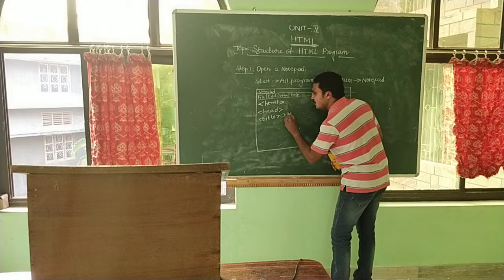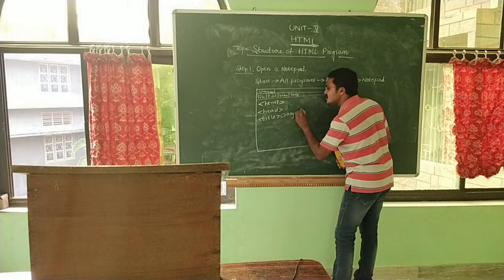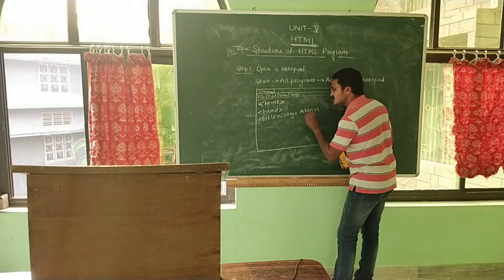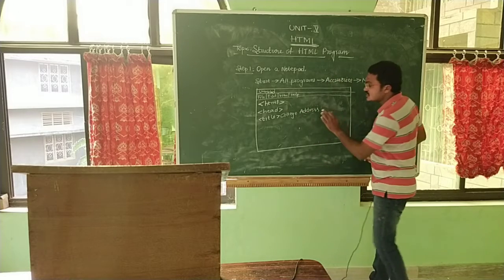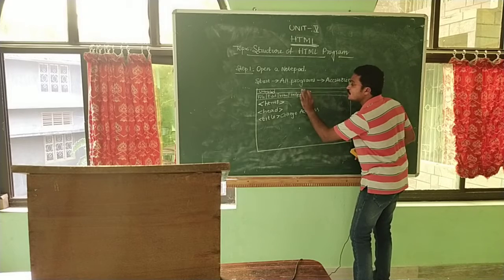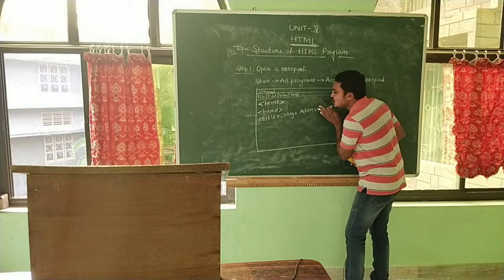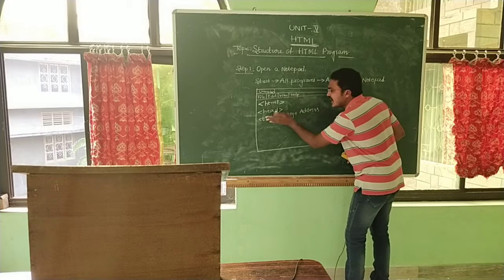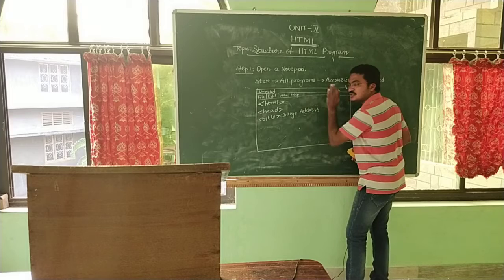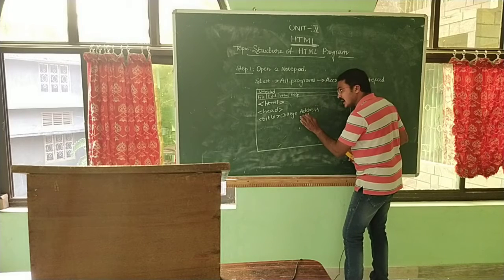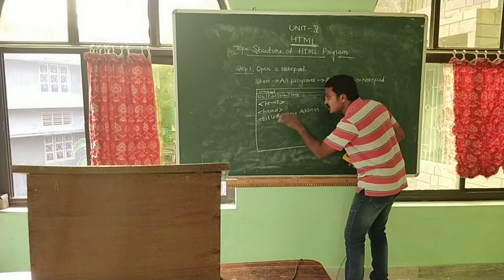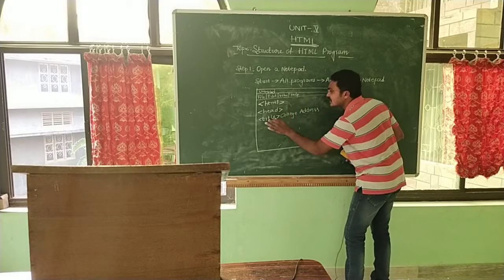I prepared the title of the web page as college address. This is the text, and exactly this text appears at the top of the web page. If you don't write this title tag, the college address text does not appear at the top. The title is important, that's why I use this content in the title tag.